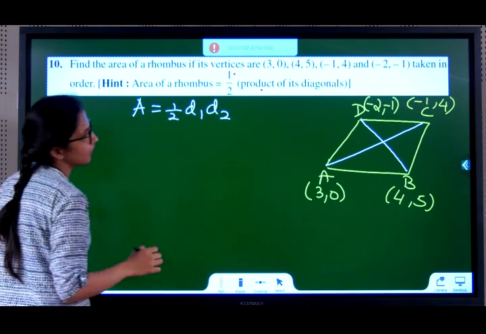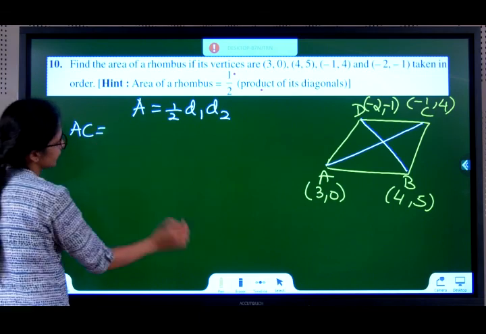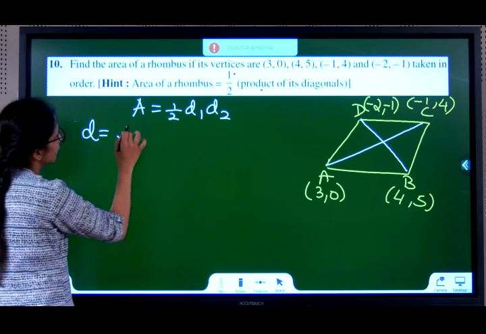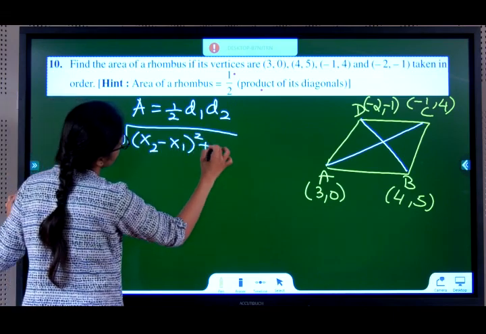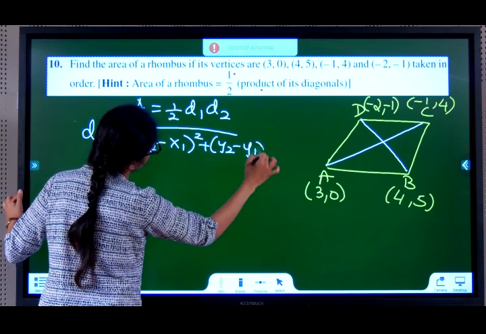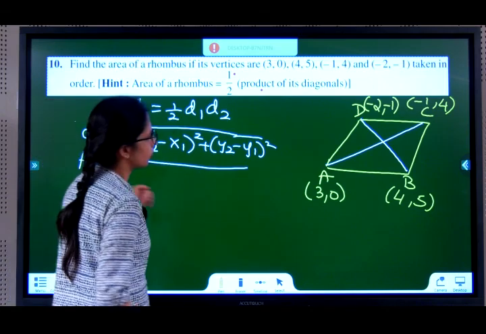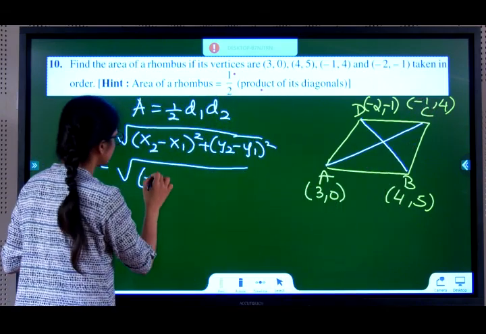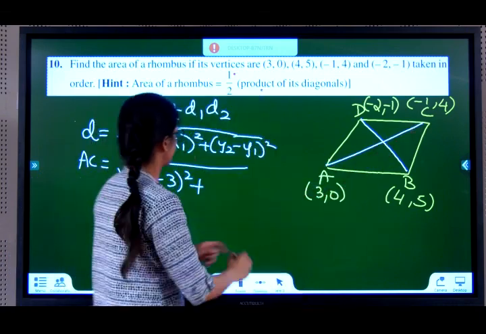So you know how to find the diagonal distance AC, using the distance formula. First write the formula: D is equal to root of (x2 minus x1) the whole square plus (y2 minus y1) the whole square. Next, AC is equal to root of (-1 minus 3) squared plus (4 minus 0) squared.